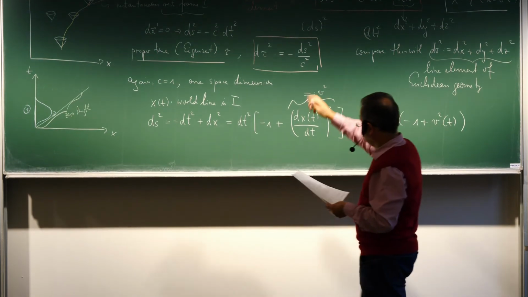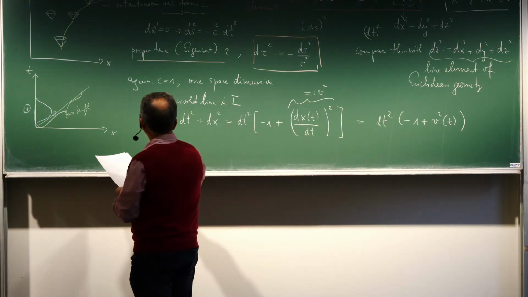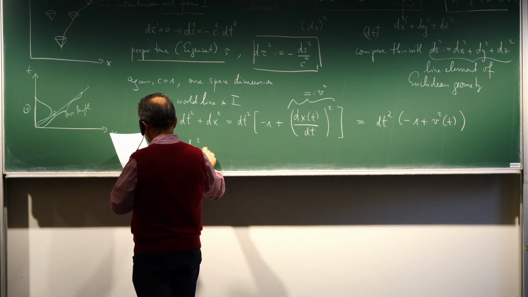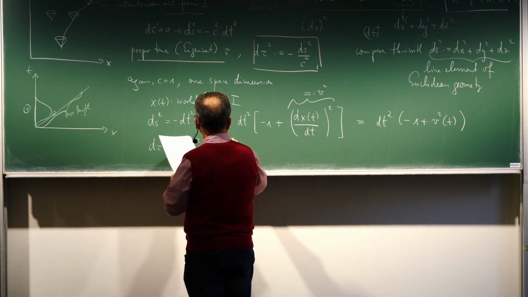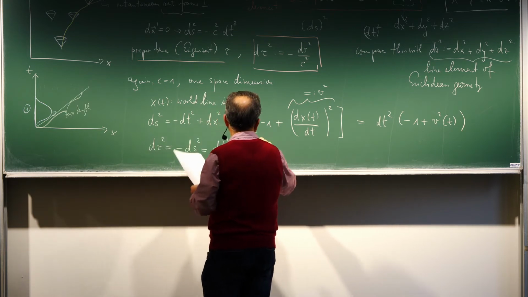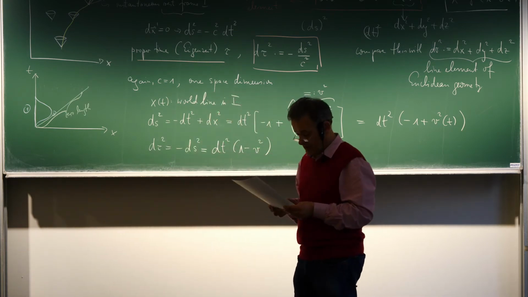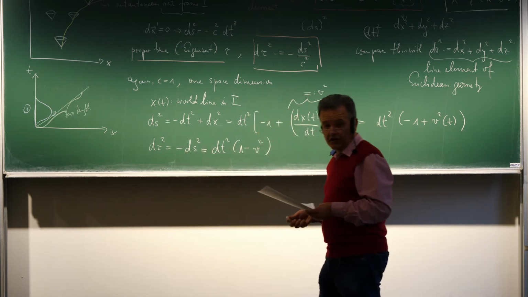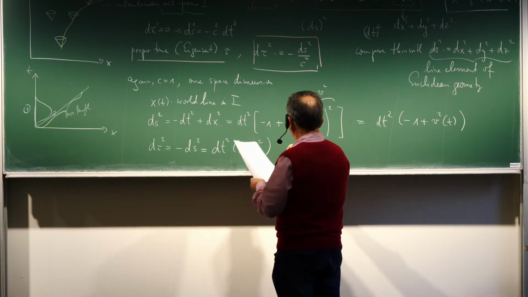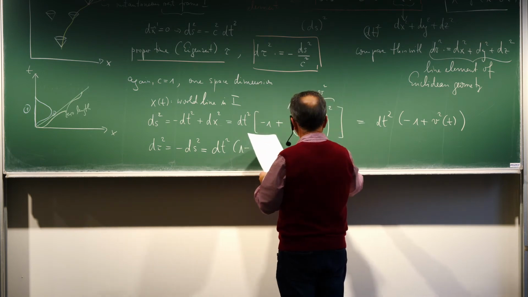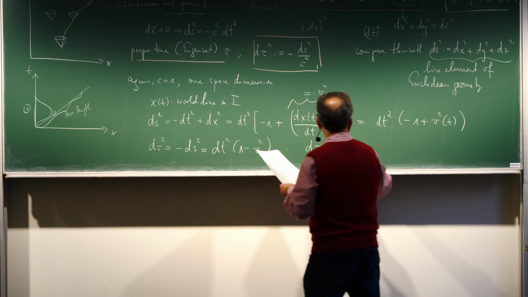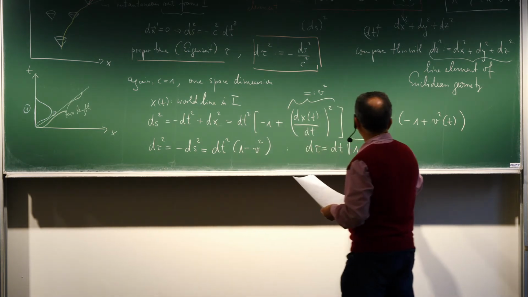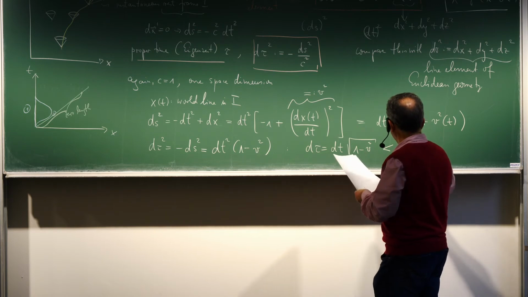Now if you go to the proper time, then we have d tau squared is minus ds squared, and this is dt squared times 1 minus v squared. Which means that if we write this down for the d tau themselves, we have from here that d tau is dt times the square root of 1 minus v squared, which you see is smaller than the dt.